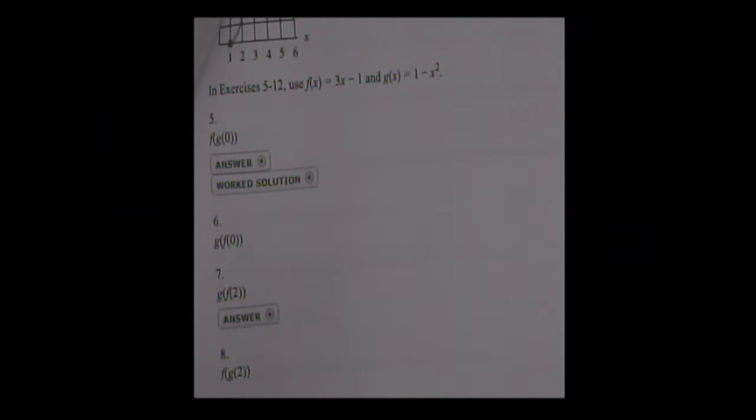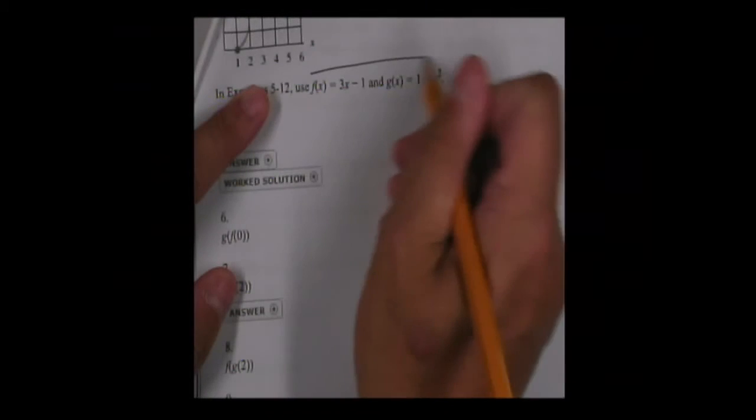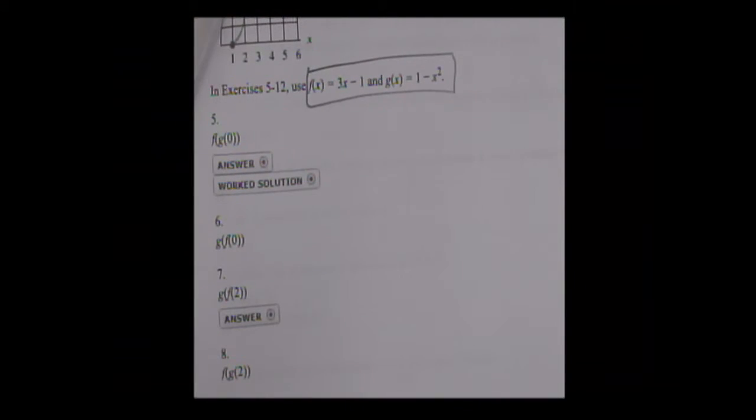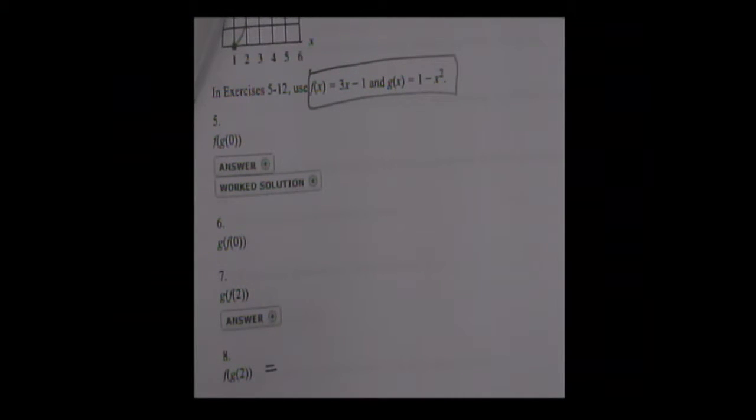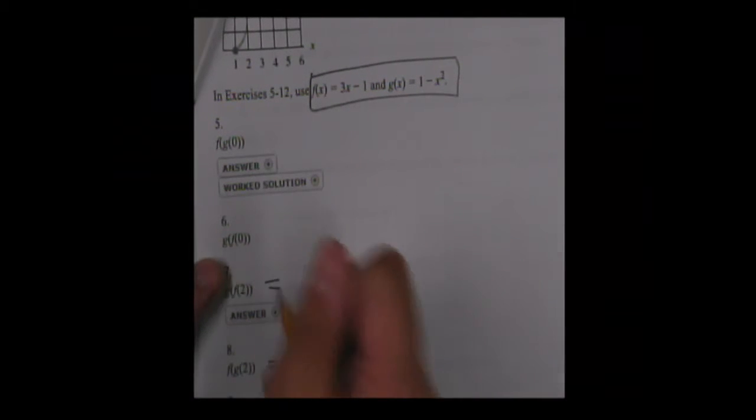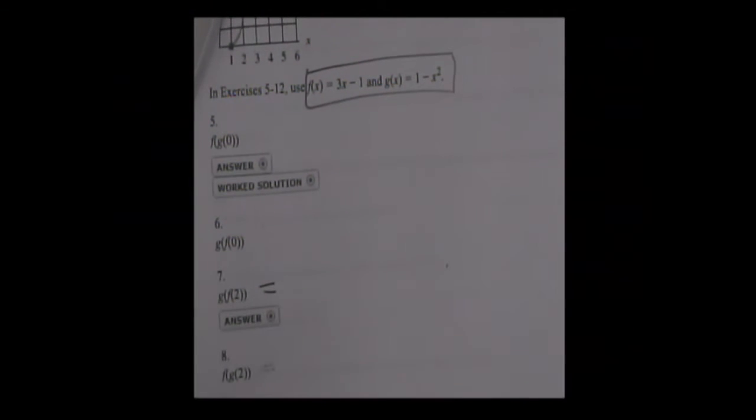Let's come over here and look at question 7. In 7, we're going to be using these two functions. Let's just do a quick check. If I want to compute g at f at 2, what do I do first? f of 2.